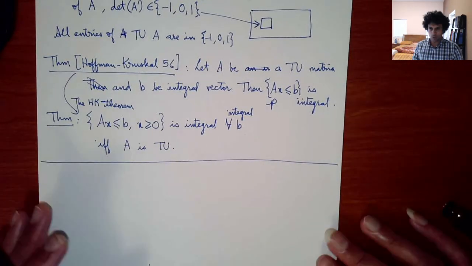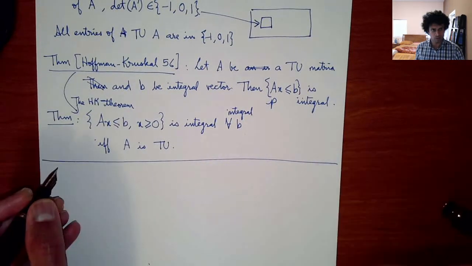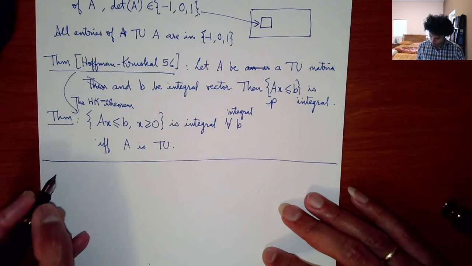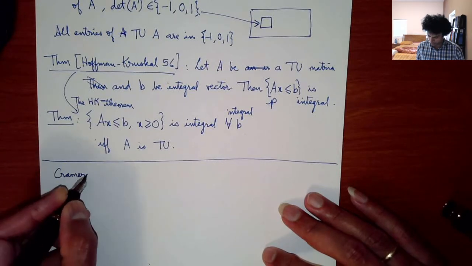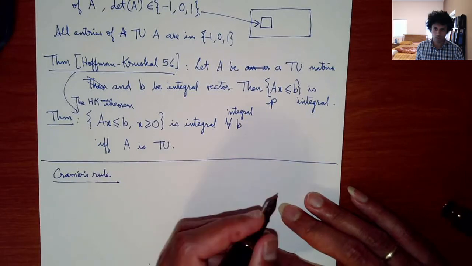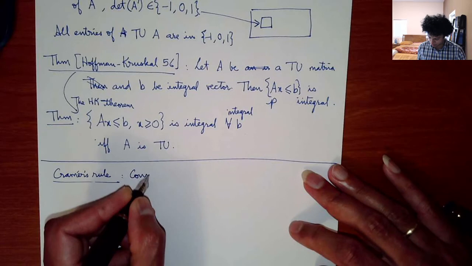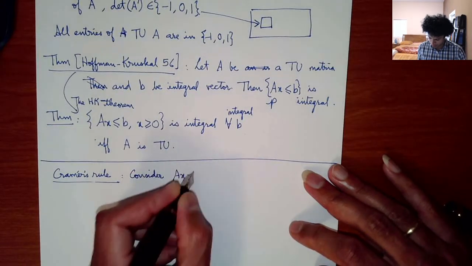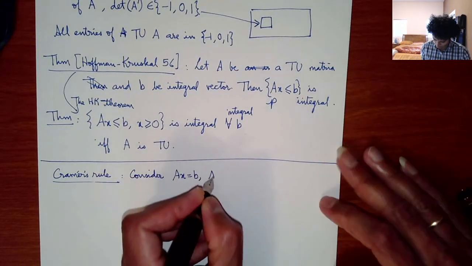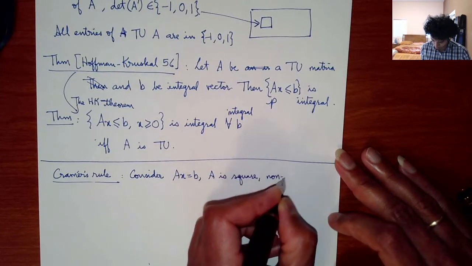Okay, so let's prove the Hoffman-Kruskal theorem, and just let me recall to you this fact that you may have learned in high school, which is Cramer's rule. So Cramer's rule says, consider Ax equal to b, A is square, non-singular.